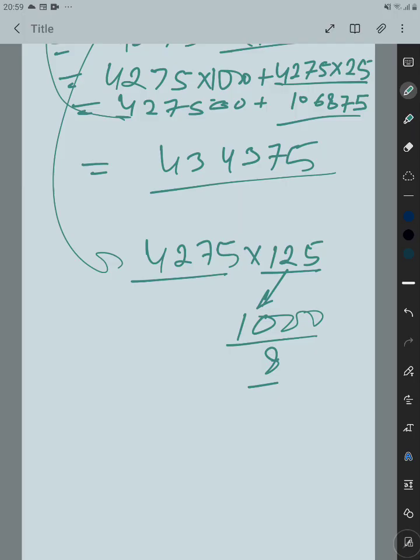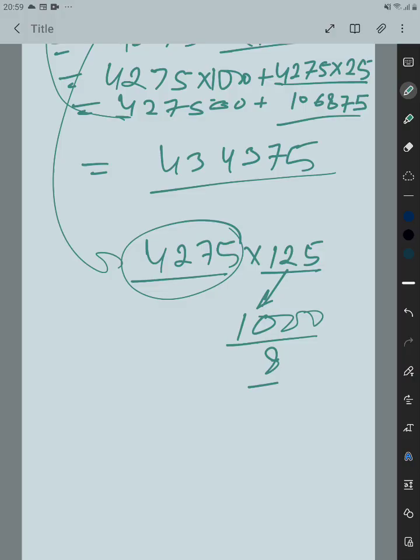If this was divisible by 8, then we could have used this also as a method of making a solution. But here it is not the case, so we'll leave it, and we'll proceed further.